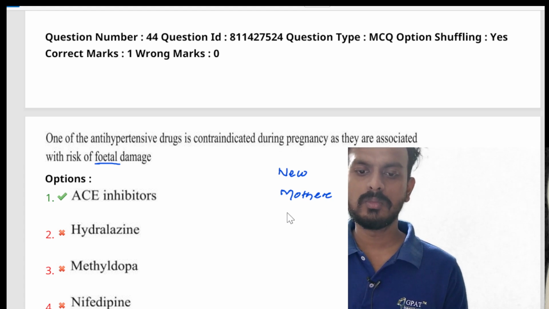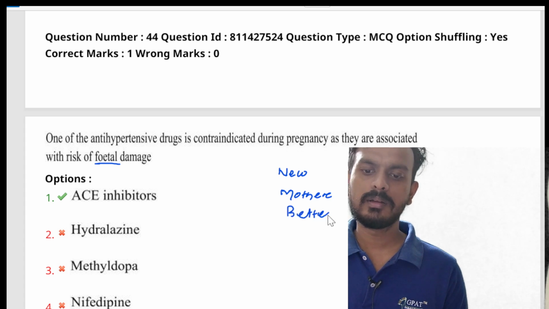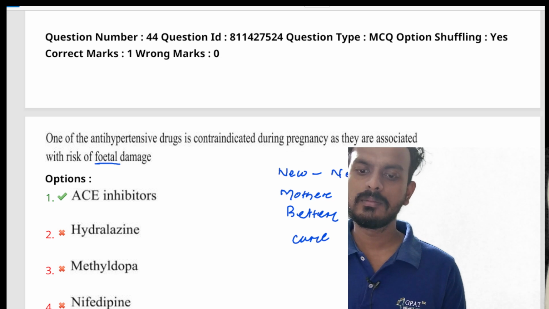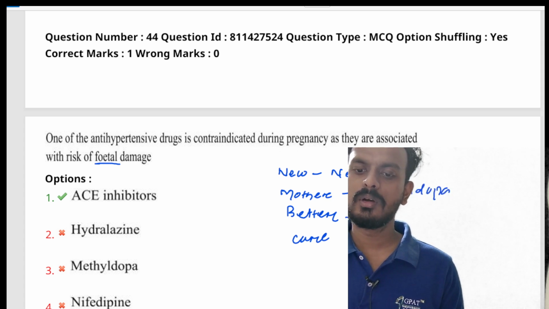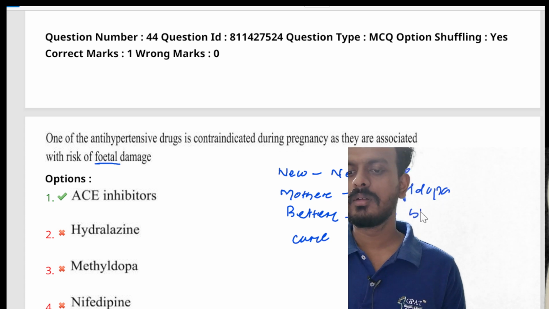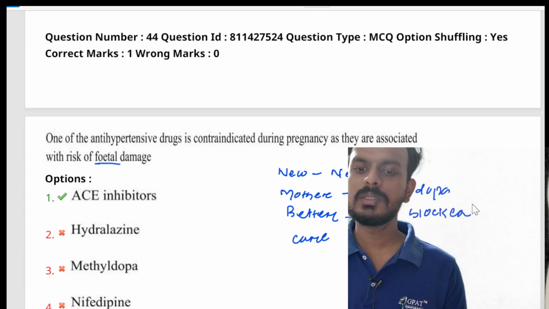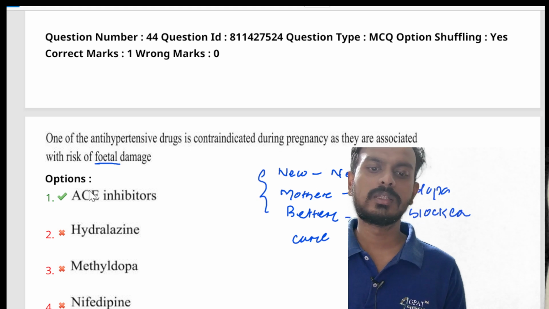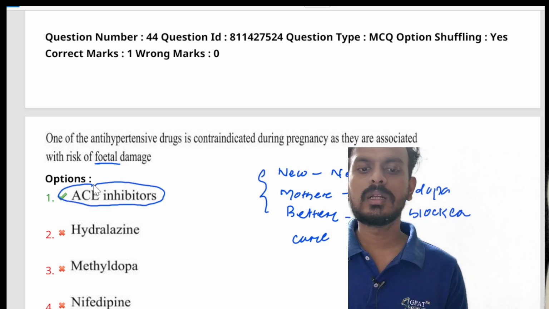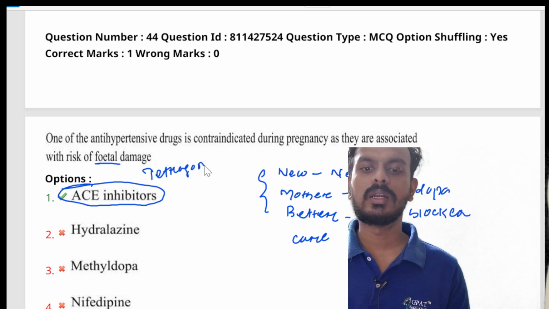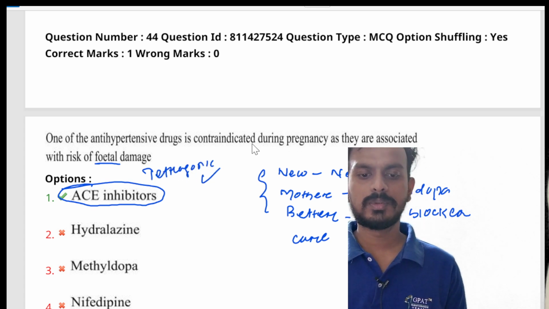N stands for nifedipine, M for methyldopa, and B for beta blocker. These come under the drugs that are safe during pregnancy, but ACE inhibitors are contraindicated in pregnancy. They are teratogenic class drugs. So option A is the correct answer.